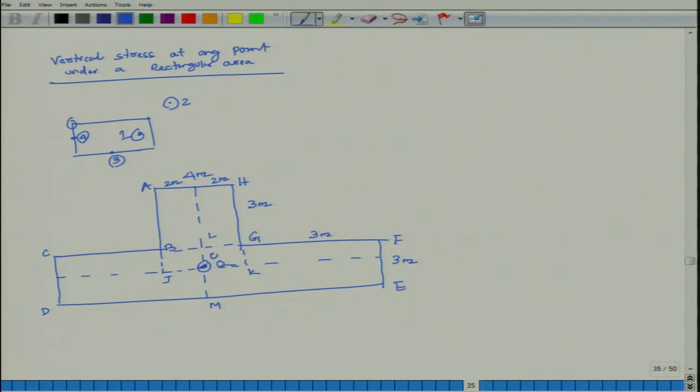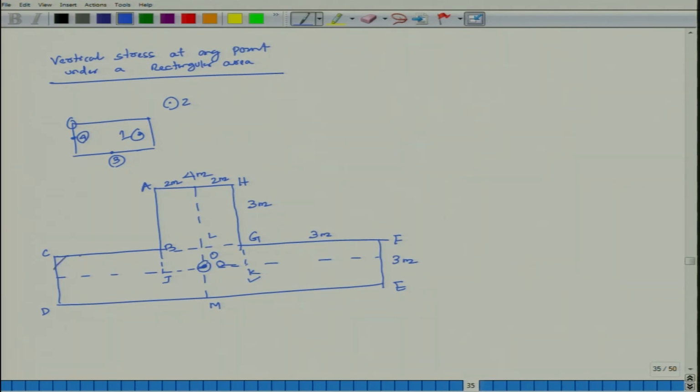This is my point O. If I consider this a rectangular area, here you are getting the point at the corner. This is fine. This is one more rectangular area, here you are getting it at the corner. This is one rectangular area where you are getting it at the corner. Another rectangular area where you are getting it at the corner. Then one more, and one more rectangular area where you are getting it at the corner.